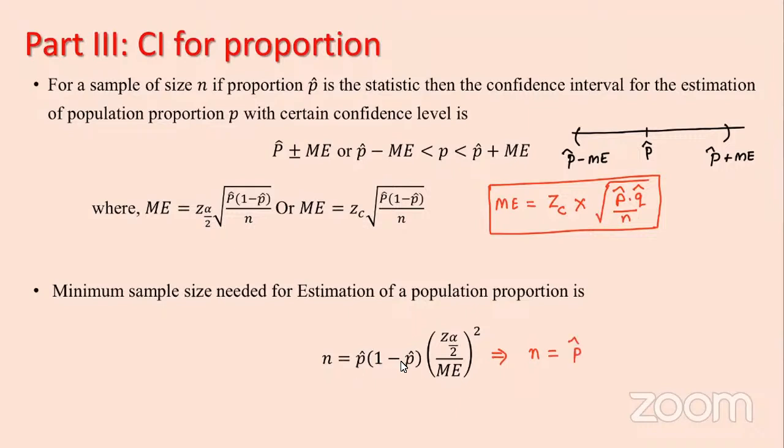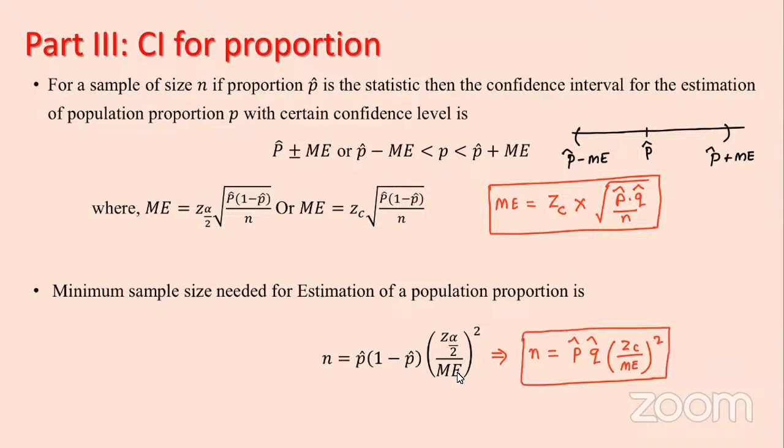And then we have 1 minus P hat. 1 minus P hat is Q hat. Okay, and then multiply to Z sub alpha over 2 is same as Z critical over the margin of error squared. So that is just the little bit simplification. Same formula written slightly differently.